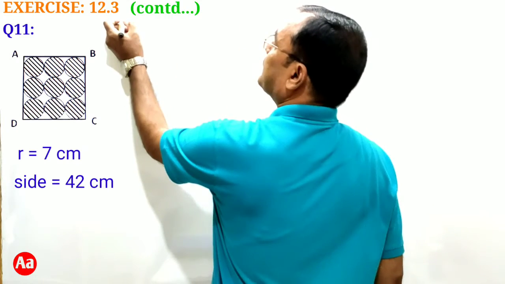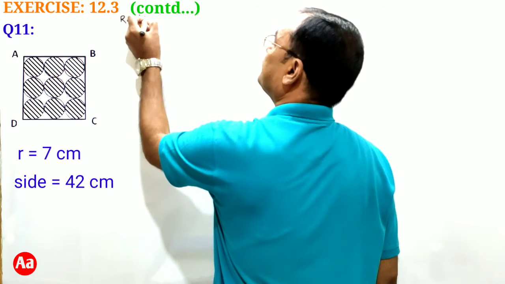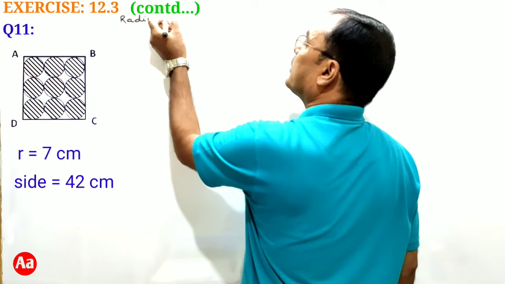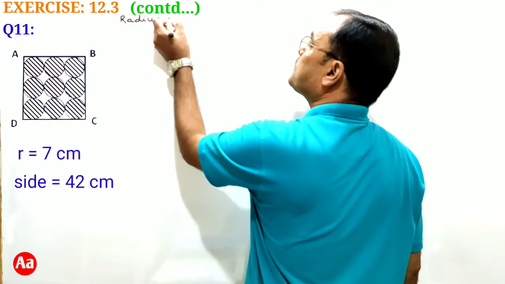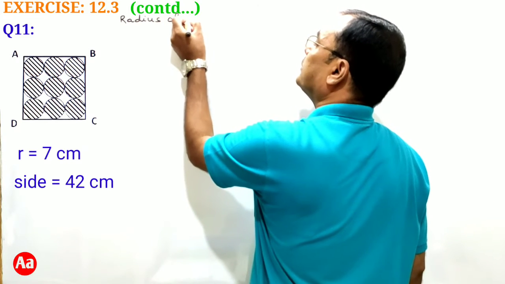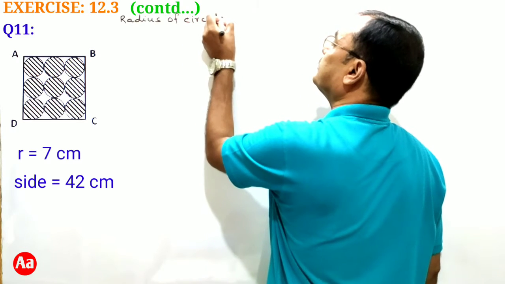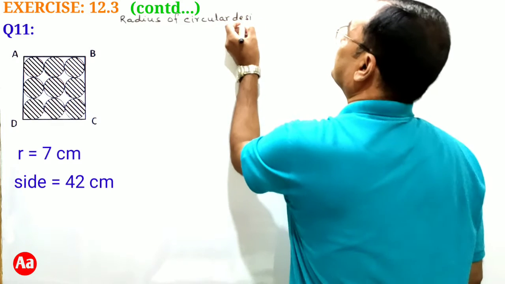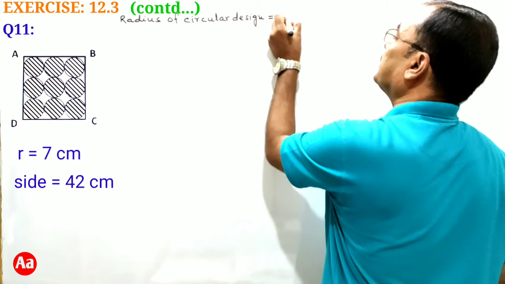So the radius of the circular design is given as 7 centimeter.